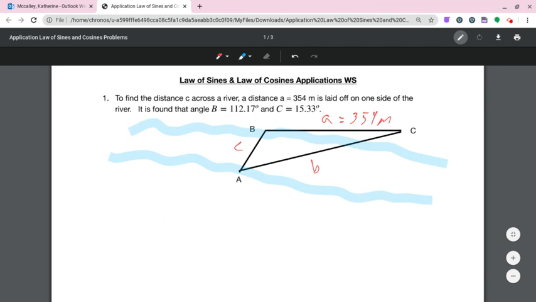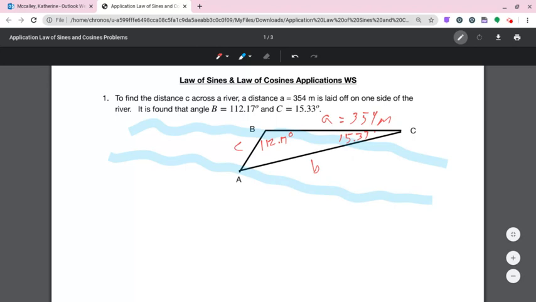It is found that angle B is 112.17 degrees, and angle C is 15.33 degrees. All right, guys. So they're able to find those angle measurements and find the length of A by measuring it out. If you think of surveyors, when you see people survey houses for land, that's how they can calculate angles. So these are the two angles that you can calculate using a survey device.